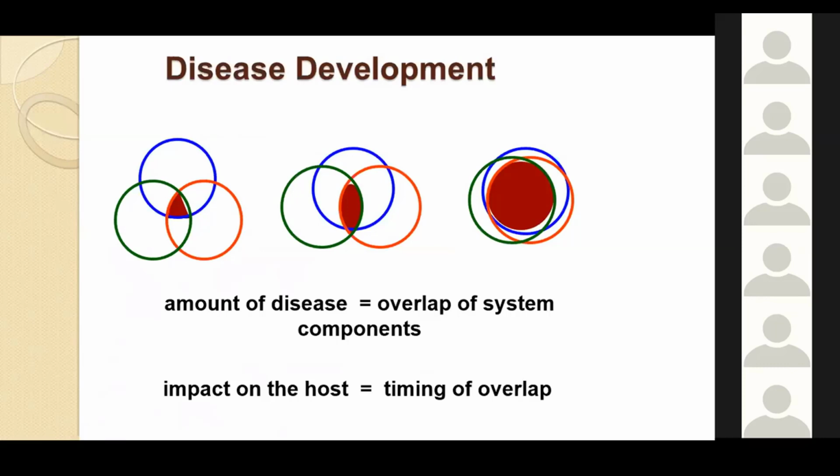Compare that to if it's maybe later in the season, if you're starting to see a little bit of rust develop on your turf at the end of the year, well, the turf's about to go dormant. It's already kind of ending its seasonal life cycle. You're not going to have that much of an overall impact on the host. So again, the later that this disease occurs on the host, generally for the better.